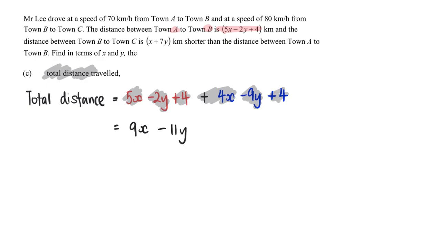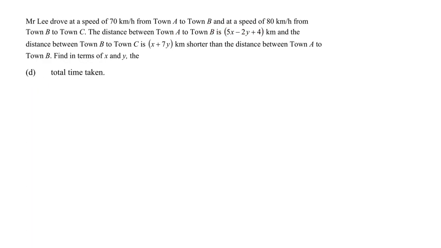Positive 4 plus positive 4, total positive 8. And that will be the answer for total distance traveled. Let's move on to part D, where we are required to find the total time taken.